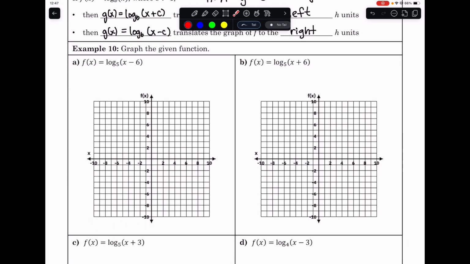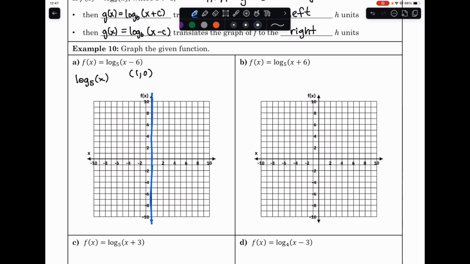So here I have the log base 5 of x minus 5. So let's ignore the x minus 5 right now, and let's just talk about the log base 5 of x. Well, if that's the case, when x is equal to 1, the y value would end up being 0. Again, our x-intercept would be that point right there. The vertical asymptote would be going through the origin, which is at x equals 0.